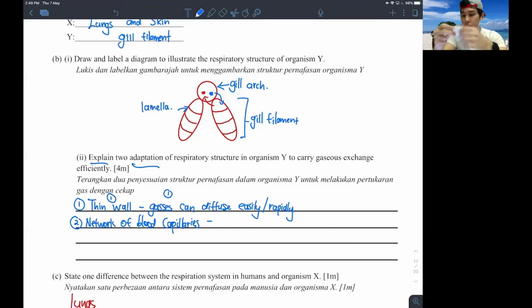Explanation for this: if it's like a network surrounding the whole lamella like this, it will provide larger surface area. You don't say transport gases faster. Don't say transport more oxygen. You can say transport gases faster. Can. Or you want to say provide larger surface area for gases exchange. So can.